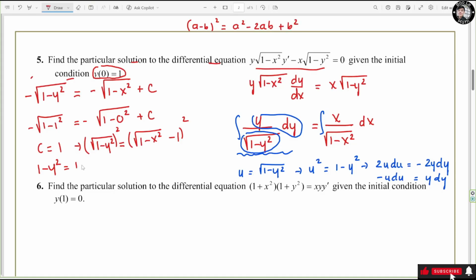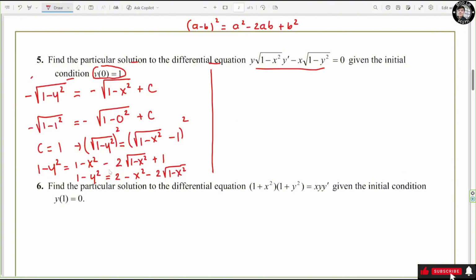So it's going to be 1 minus s squared minus 2 square root of 1 minus s squared plus 1. So this becomes 1 minus y squared equals 2 minus s squared minus 2 square root of 1 minus s squared.